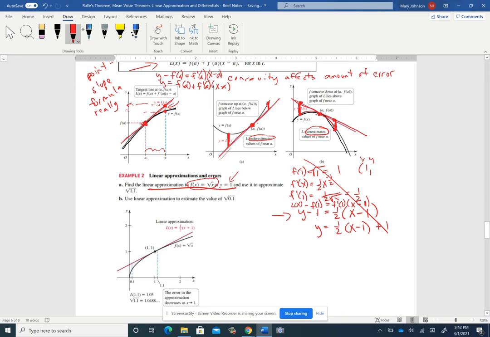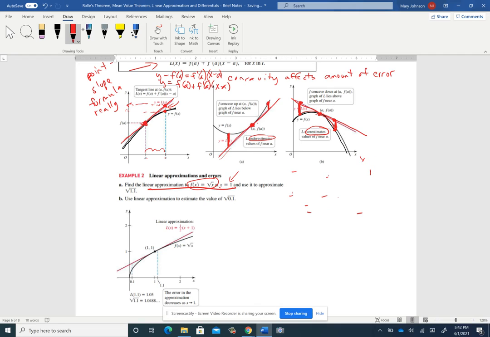All right, so we're not going to really do it that way. Okay, the way you would do it is like this. Let me get myself a little room here. Now that you have that, and it's a take-home test, you have the formula, you can just use it. So the formula for the linear approximation in general, this right here is really your a value in the formula. The formula says f of a plus f prime of a times x minus a.